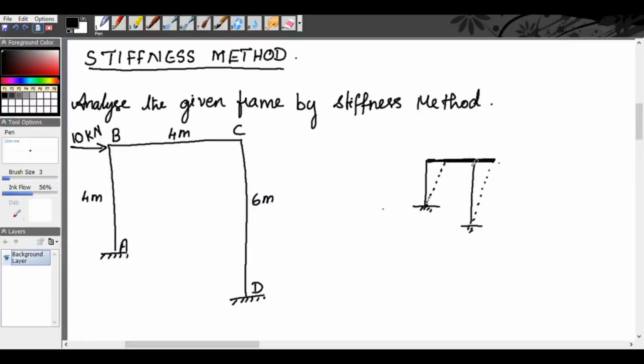Now we will move on to solve our problem in a step-by-step manner. As we have all discussed in our previous classes, our first step in analyzing a given system by stiffness method is determination of kinematic indeterminacy.